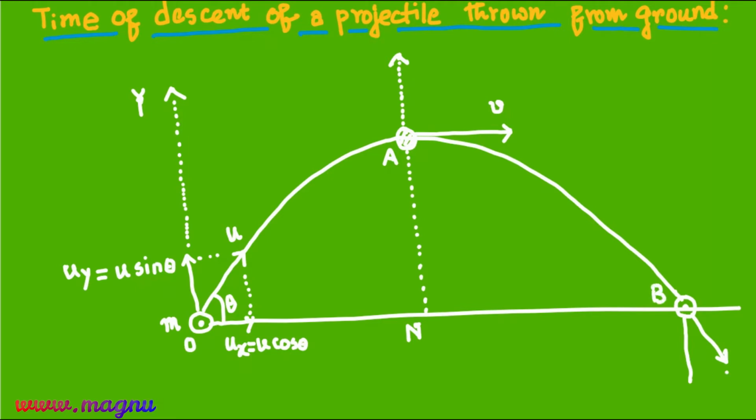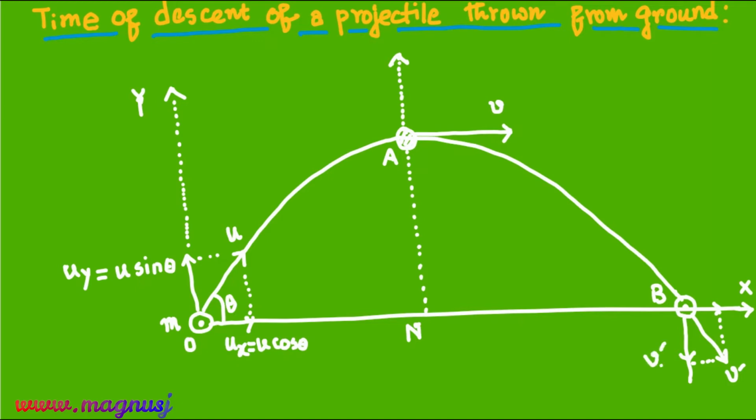Now B is the point at which the projectile strikes the ground with instantaneous velocity v prime. Now we can resolve this final velocity v prime in two mutually perpendicular directions.